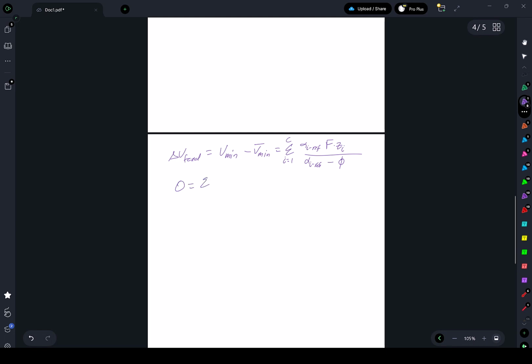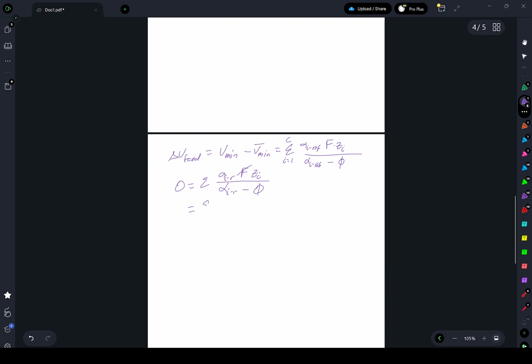So 0 is going to be equal to the summation of alpha I ref times zI over alpha I ref minus phi. Now our F can just go away. If we just divide by F, it doesn't change anything. Each one of these terms has an F in it, so it doesn't matter.